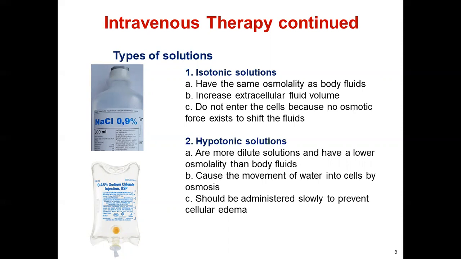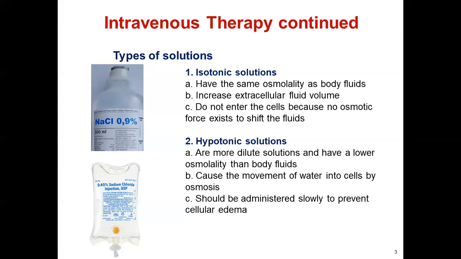The next fluid here, hypotonic solution. So the nature of hypotonic solution or fluid: hypotonic fluid is less concentrated than the cell, and this would cause water to move into the cell.